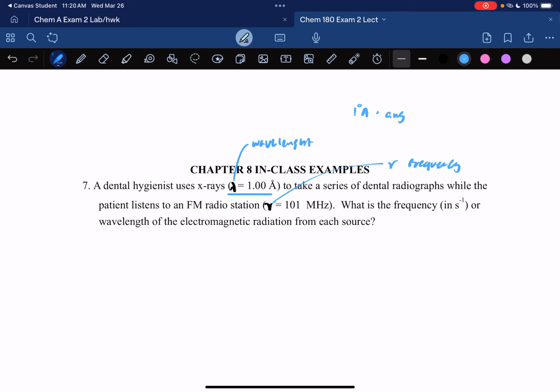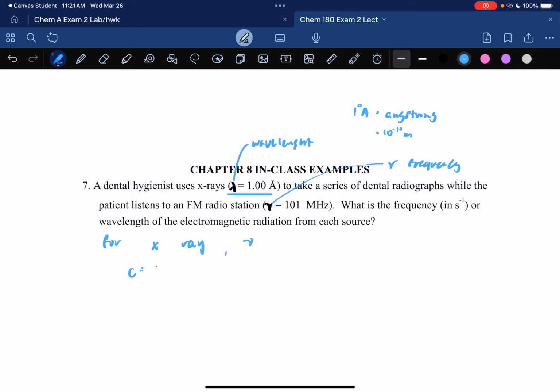I always want you to start doing the cancellation of units. Meter and meter cancel out. You end up with a unit of per second, understood as cycles per second. We don't say cycles, we just say per second.